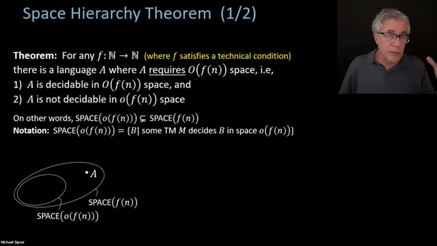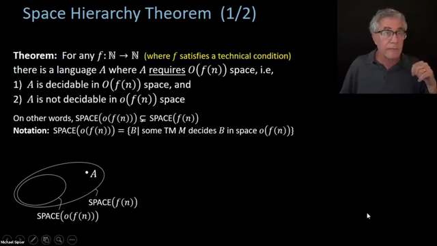Here, the language is not going to be so nice to describe. It's going to be the language that some Turing machine we give decides. But you're not going to get a nice, simple understanding of A. It's going to be whatever that Turing machine does. In that sense, it's not a very natural language that's easy to get your mind around.